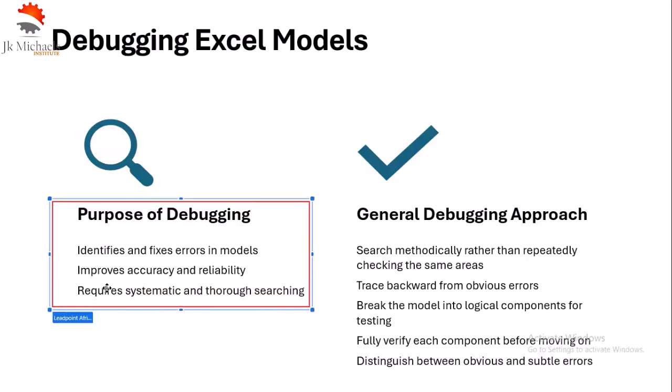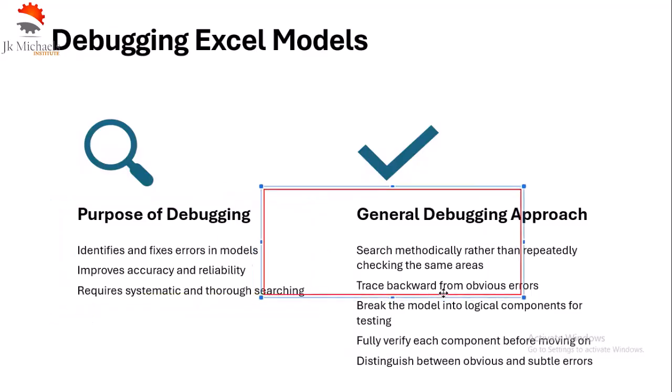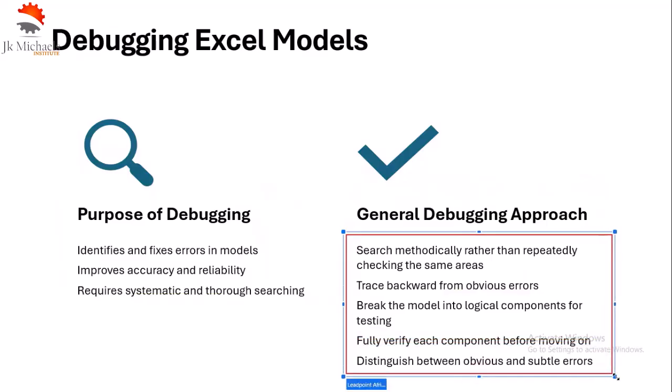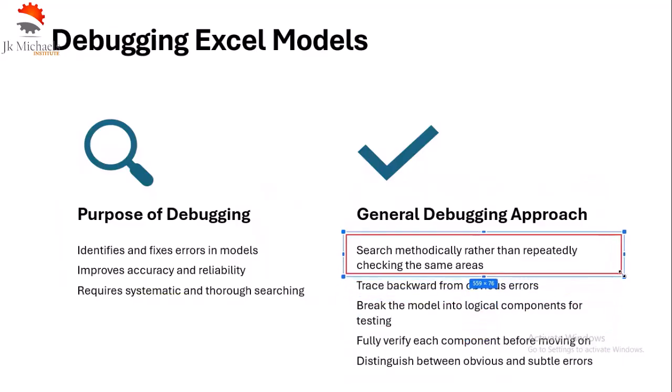It improves accuracy and reliability, and you need to systematically and thoroughly search. You need to comb your model to be able to identify errors, right? Now, how do we debug? Well, first of all, search methodically rather than repeatedly checking the same areas.